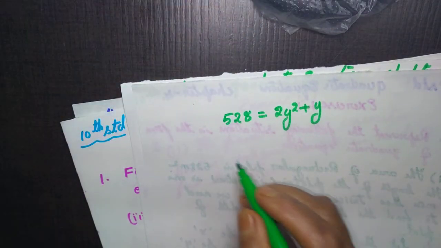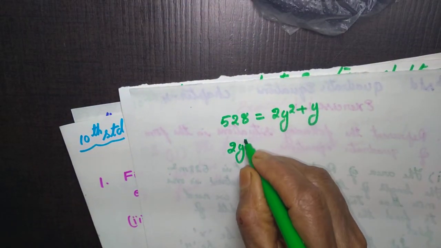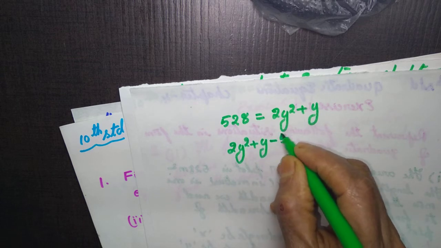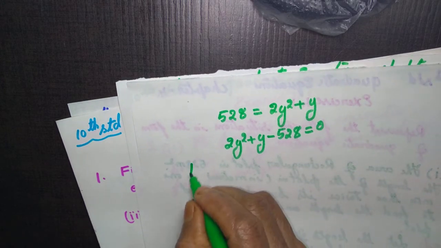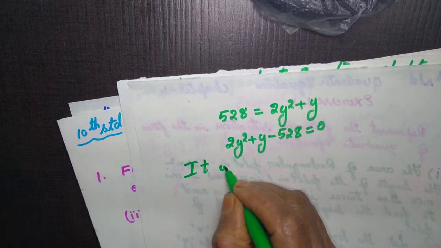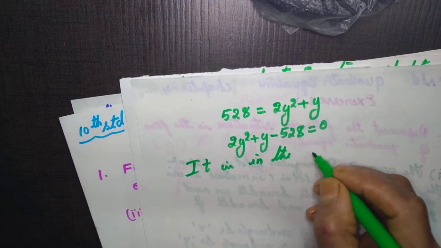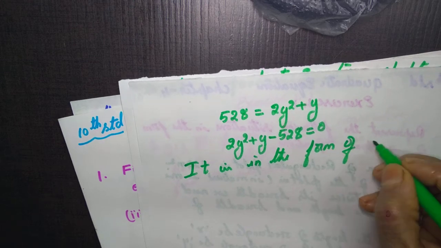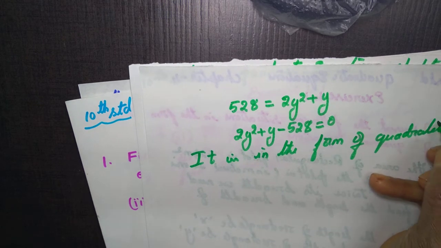Then here you have to write in the form of a quadratic equation, that is 2y square plus y minus 528 is equal to 0. It is in the form of a quadratic equation.